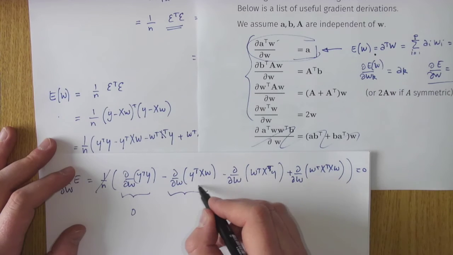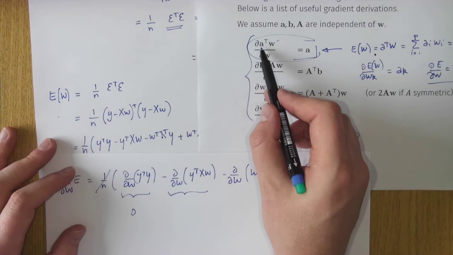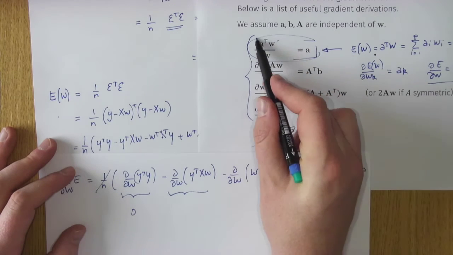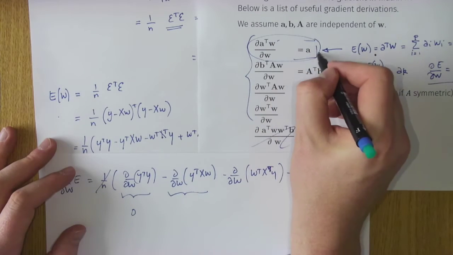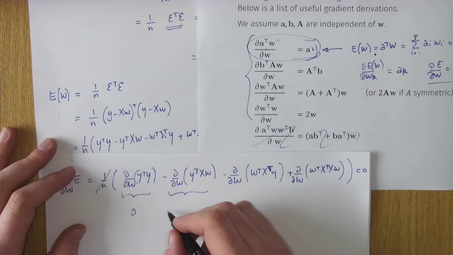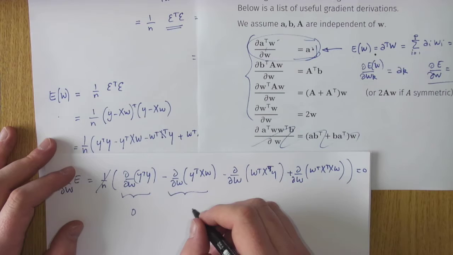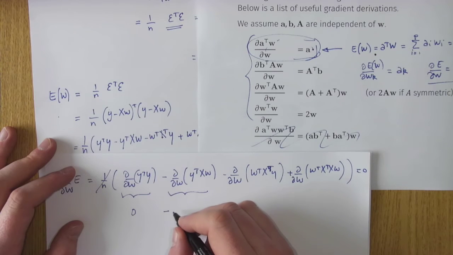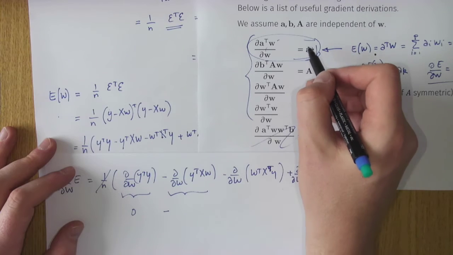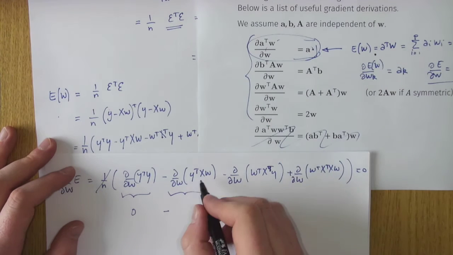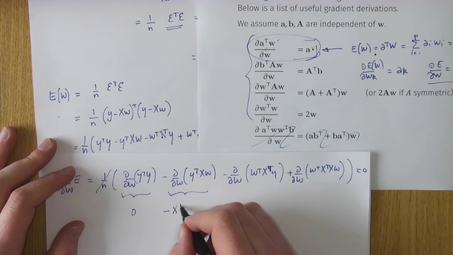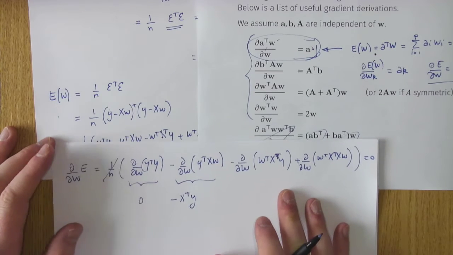That would be our B, or your A transpose right here. So really we're identifying this expression. If I plug in this expression, I will get my gradient. That will give me minus, and I have to be careful, here there's no transpose, so I need to transpose this, so that'll be X transpose Y.